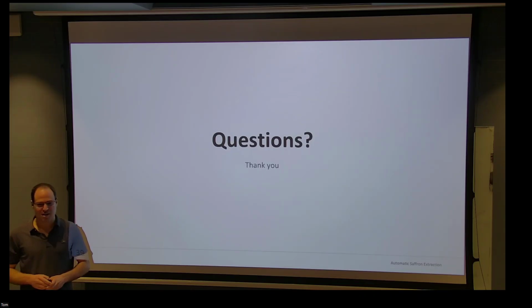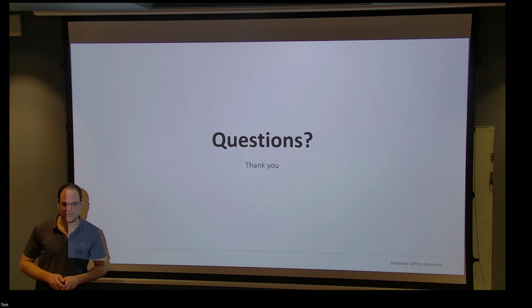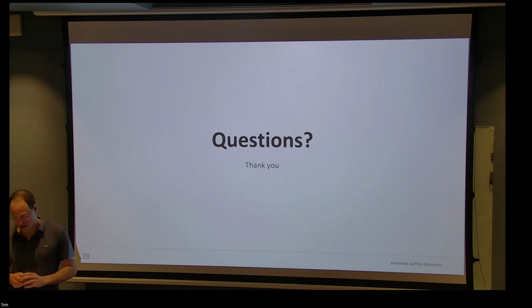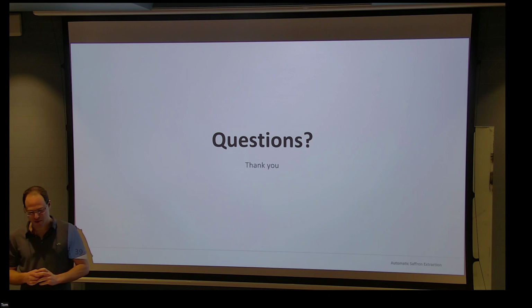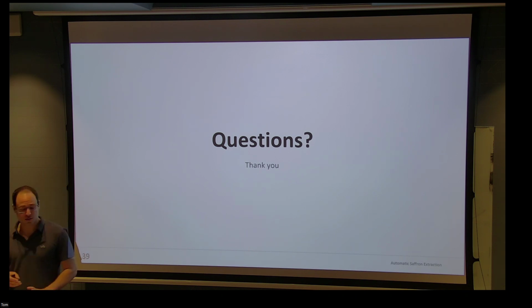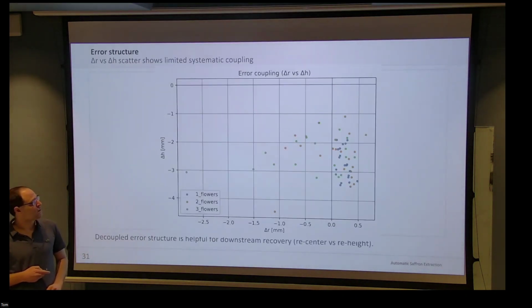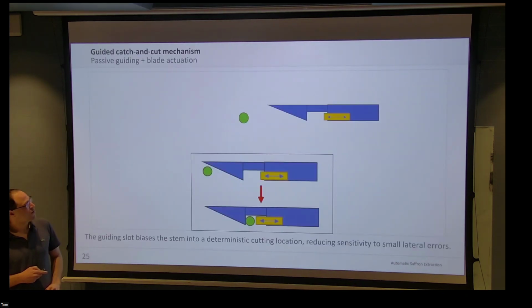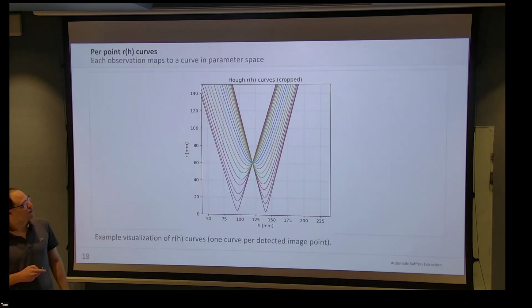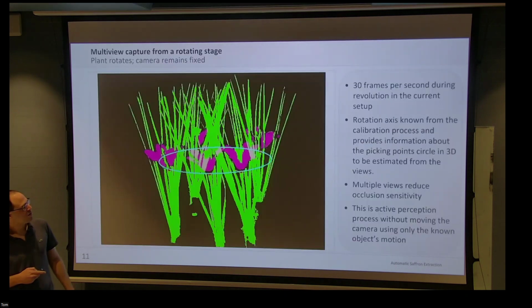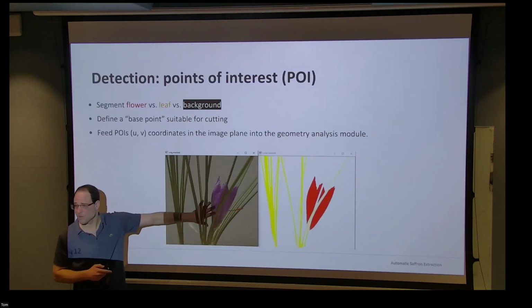Yeah, I have some questions. Did you have access to some real flowers at some point? We had access, but not for picking them. It was for capturing them. And what I saw in the presentation, some of the flowers here, we did the vision and the segmentation. Okay, this was a real flower. The segmentation was real.